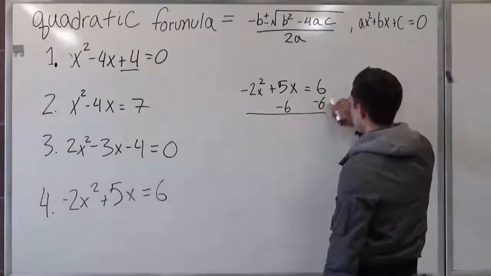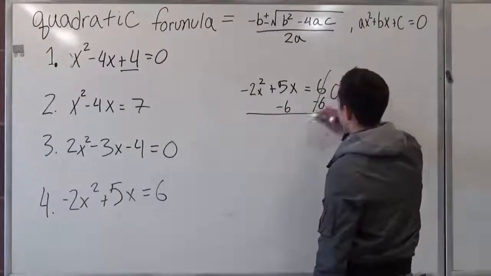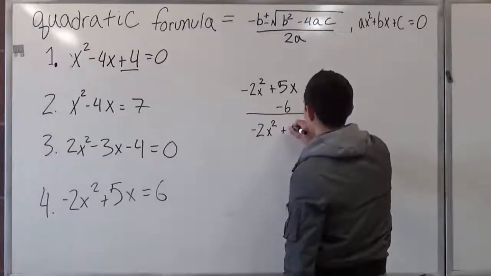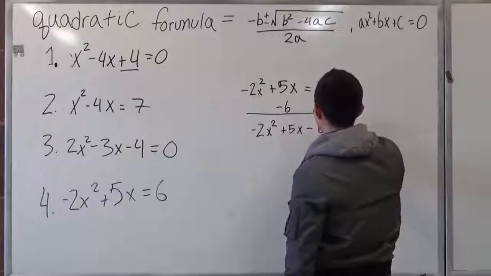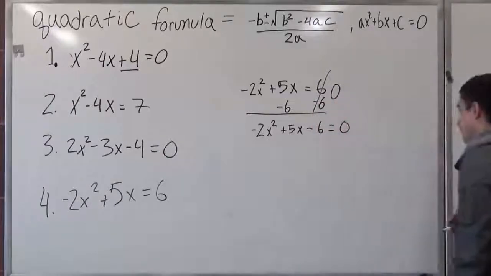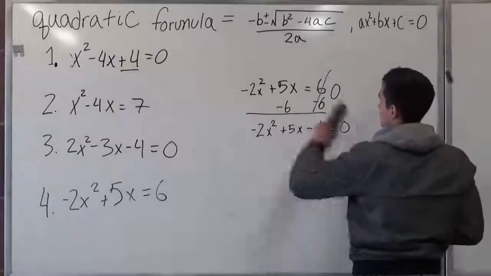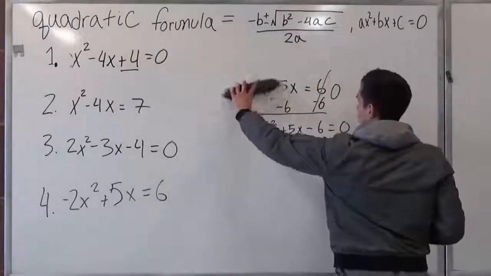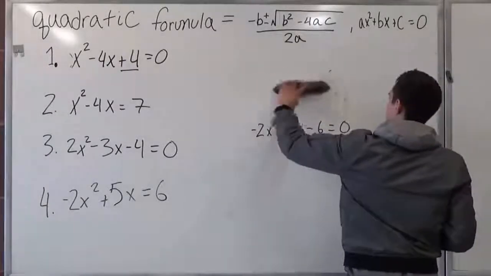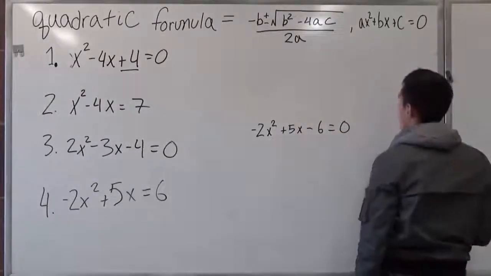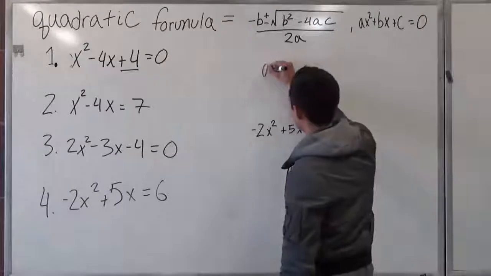And what we get is 6 minus 6, that becomes 0. And negative 2x squared plus 5x minus 6 is equal to 0. So this is already preparing us to use the quadratic formula. Now that we have this one, we have to find our a's, b's and c's.